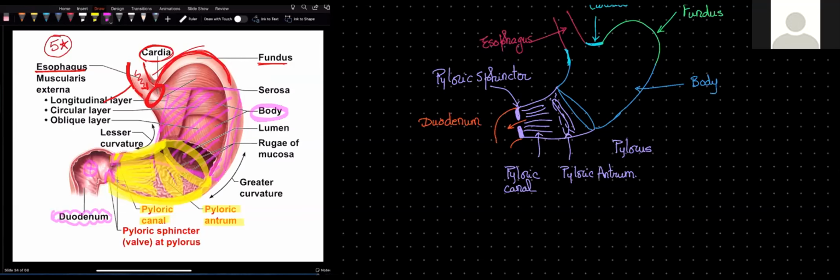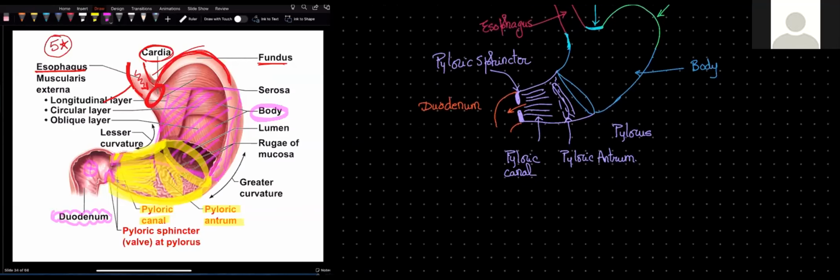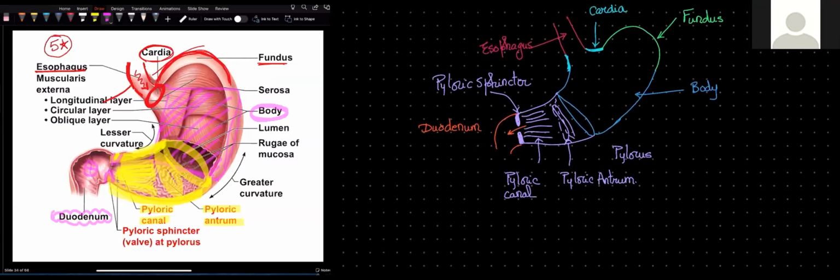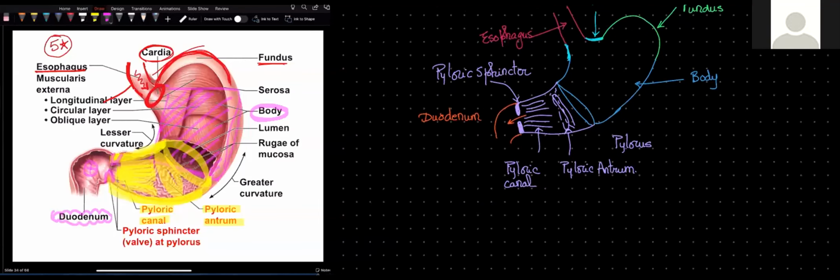Did we have a fundus in the urinary bladder? No, no. Yes, Mary. Yes, the uterus. Remember? The uterus.